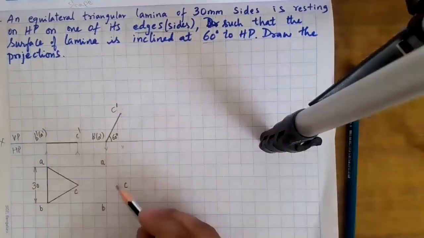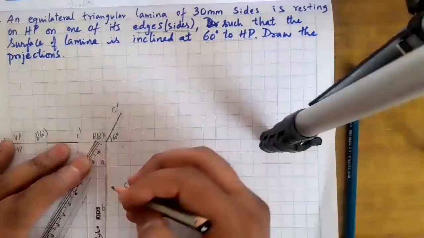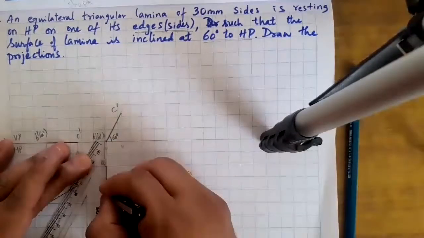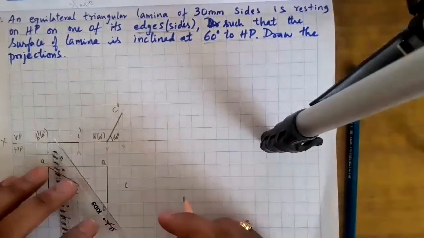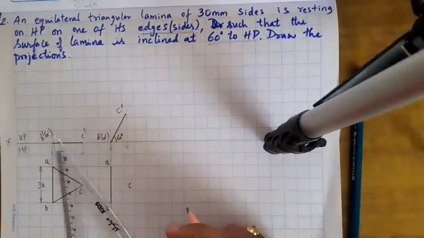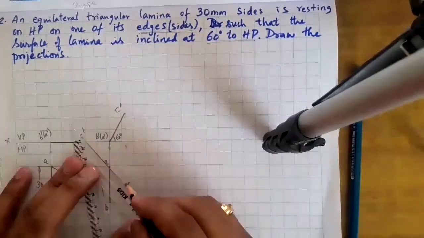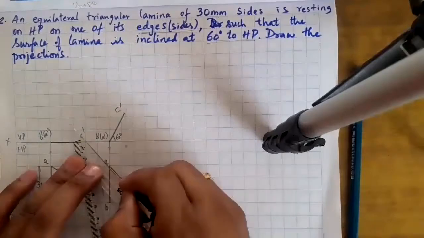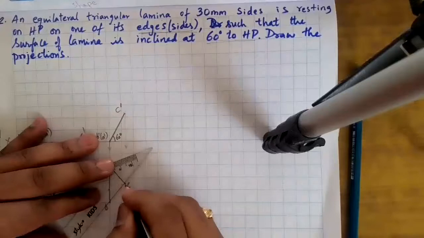Now A to B, please join. And A to C, I will join. B to C, I am going to join, which is nothing but the apparent shape.